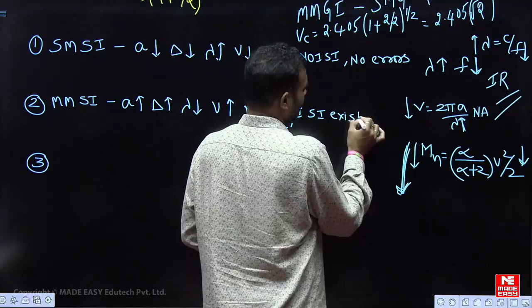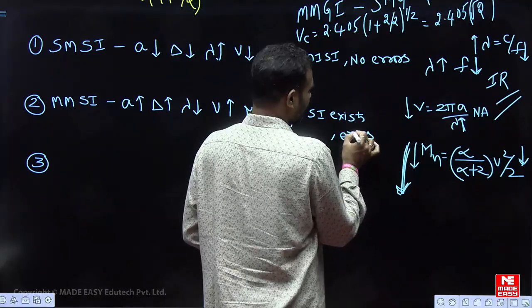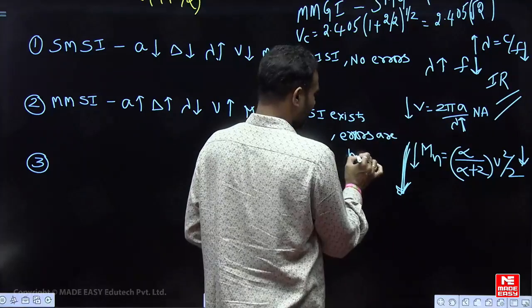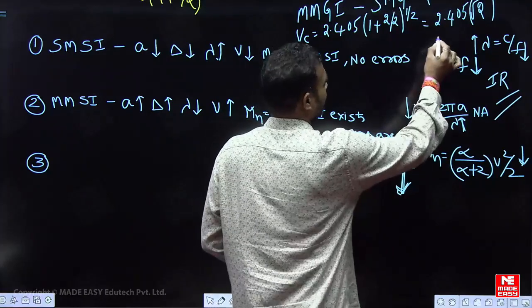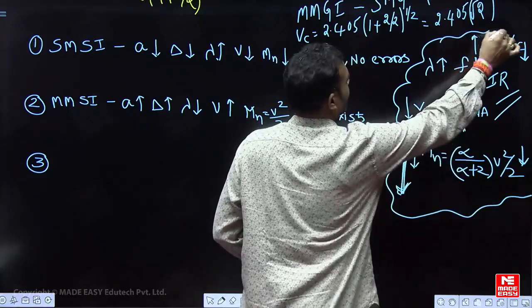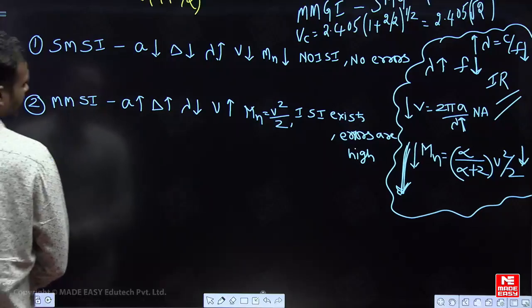ISI exists means what happens to the error? Errors are high. Because errors are high in a communication system, and you don't want errors, so we have a high number of errors present. So this is the scenario once we talk about MMSI fiber.